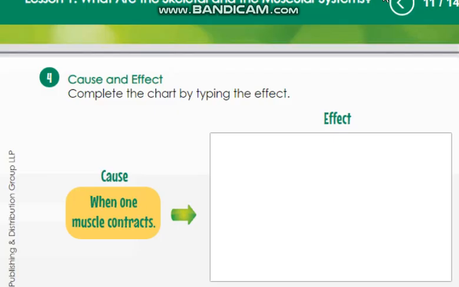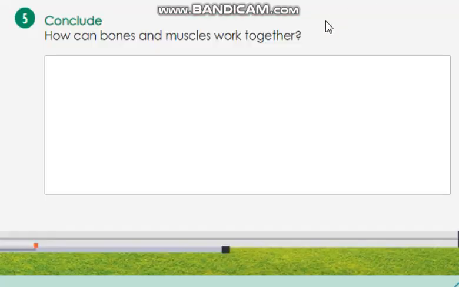Page 135, the question says, complete the chart by typing the effect. When one muscle contracts, the other one relaxes. So here the other relaxes. Now the last question, number 5, how can bones and muscles work together?